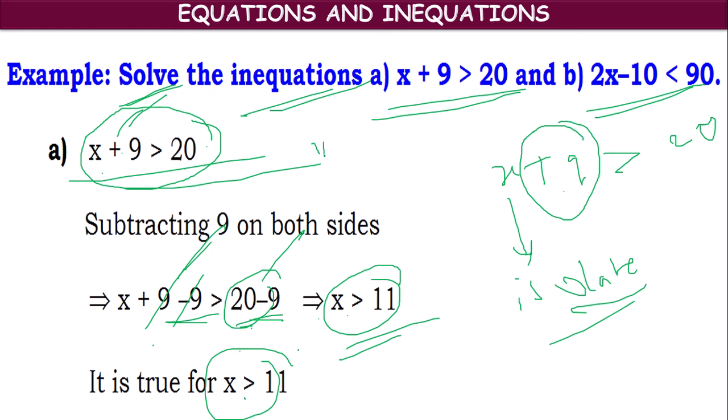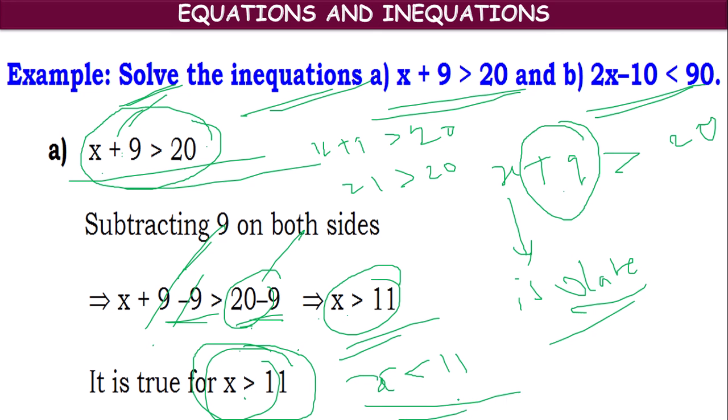If we keep 12, 12 plus 9, 21 greater than 20, true. If we keep 13, 22 greater than 20, like that. For all values x greater than 11 it will be true. For values x less than 11, it will be false. So it is an example of conditional inequation.